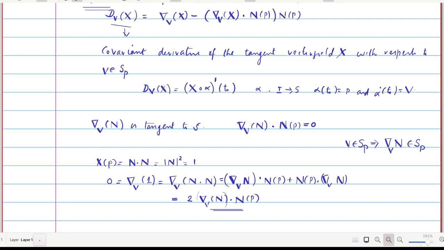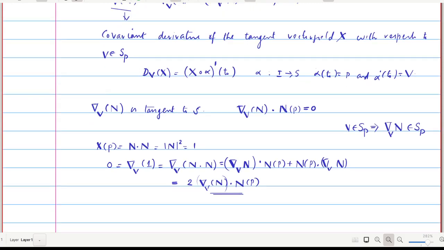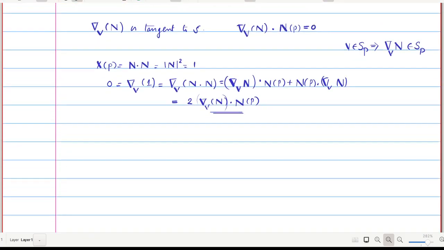That means this is tangential. So using this idea, we can define a linear map that collects del V n, the rate of change of the normal vector field corresponding to V.